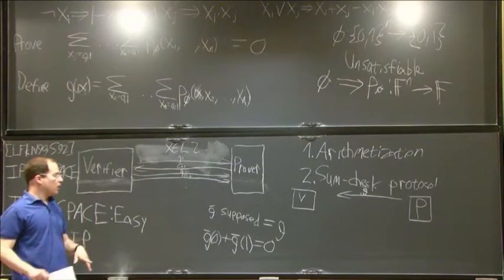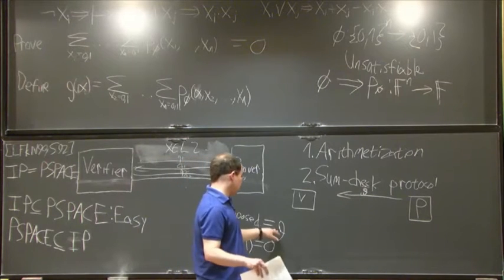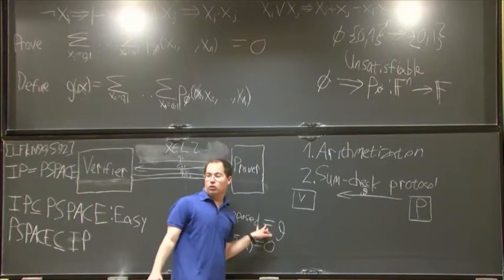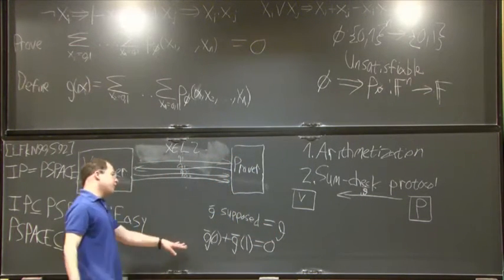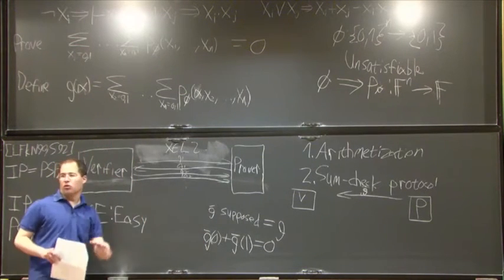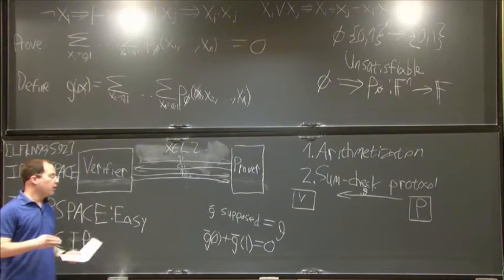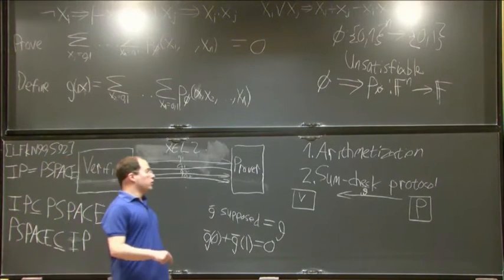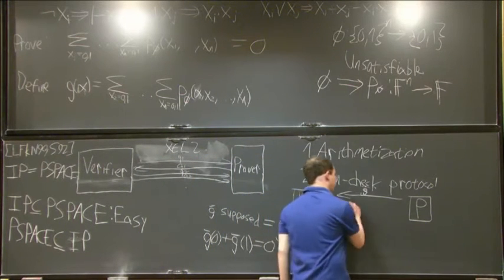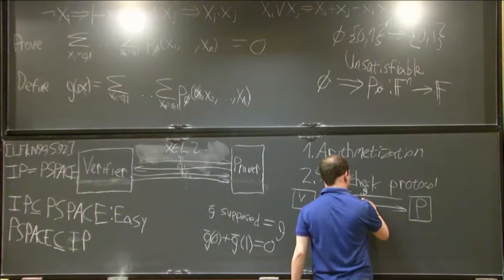And if the prover was telling the truth, if g bar is indeed equal to g, then after we made this check, we are done. It means that this sum is indeed 0. So now all that remains is to check that g bar is indeed equal to g. And to this end, the verifier sends a random value r in the field.